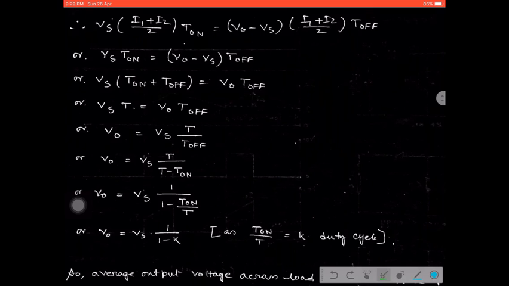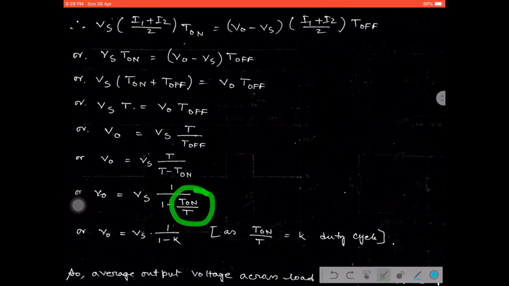Why are we changing the equation like this? As we know, T1 plus T off equals T, the total time. That is why Vs into T equals V0 T off. Further simplification gives T by T off, and T off means T minus T1, so we can change the expression to 1 by (1 minus T1 by T).